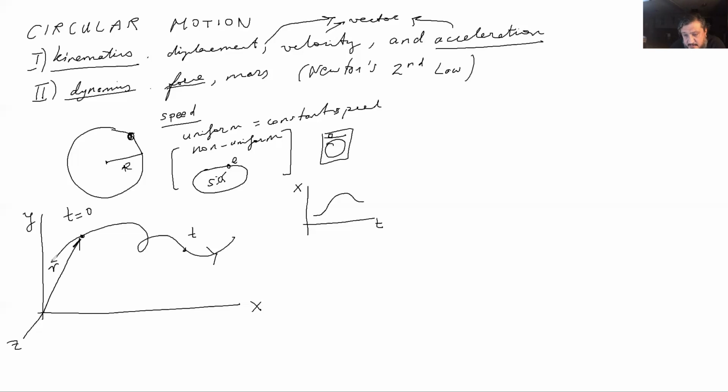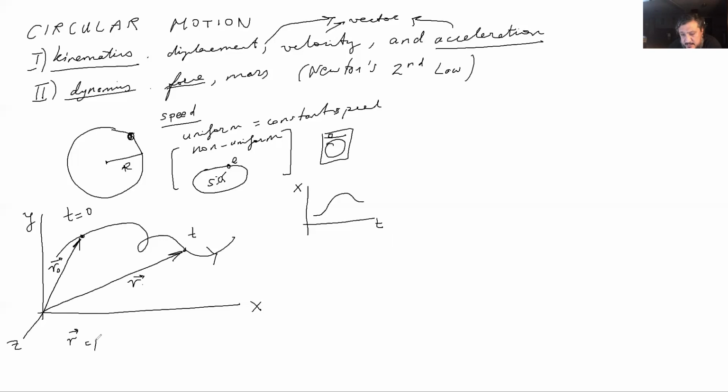So let's call it R0, because at that time t equals 0. And when the object is over there, we have a new position vector like this. Let's just call it R.